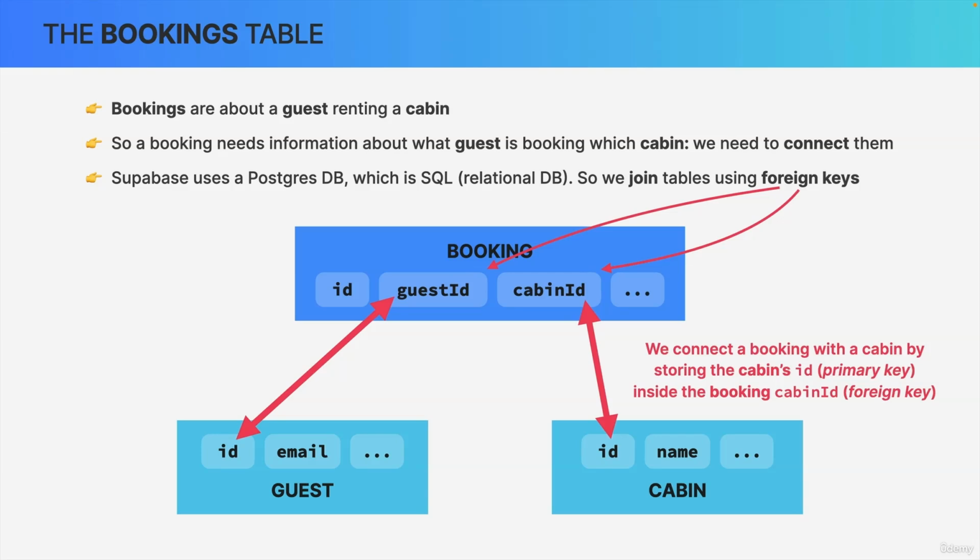So hopefully that made sense, but if it's still a bit confusing, then that's no problem at all. It will make more sense once we actually implement this inside Supabase. So next up, let's create all the more simple tables, and then after that, we will create the booking table and then do these connections that we just talked about.